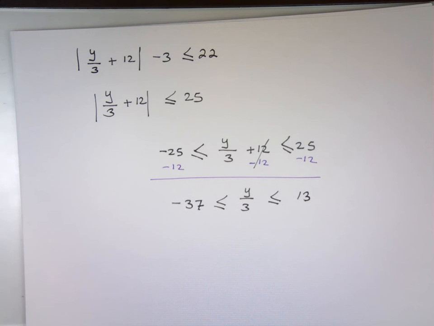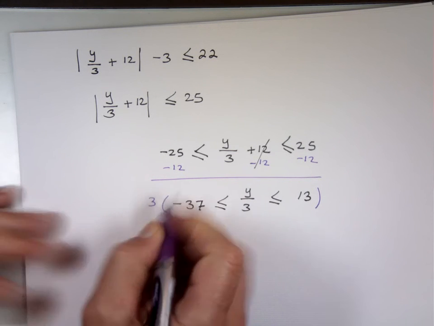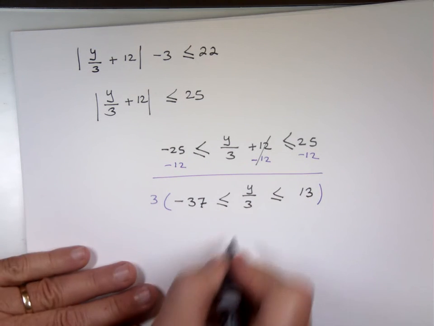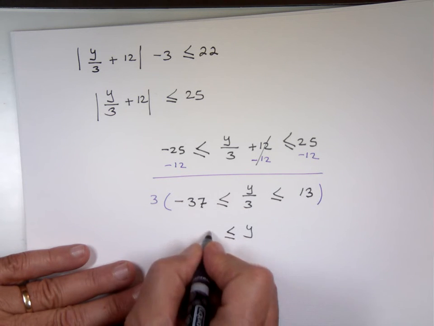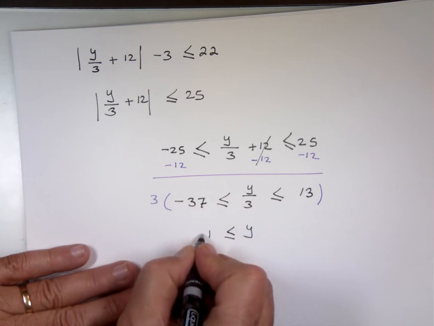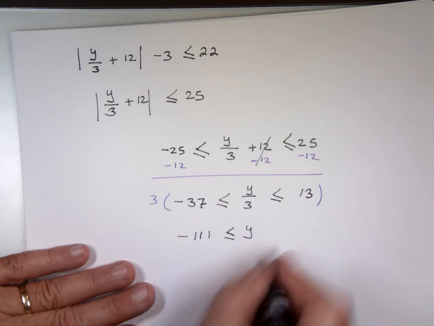How do we turn that to a y? It's y over 3. Multiply all by 3? Multiply every one of them by 3. It's late, I don't know what that number is. 3 times 7 is 21. 111. 111 and 39. 39.